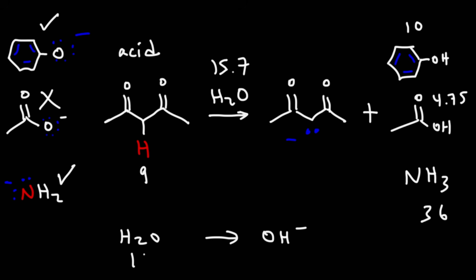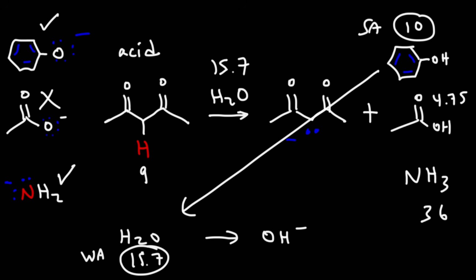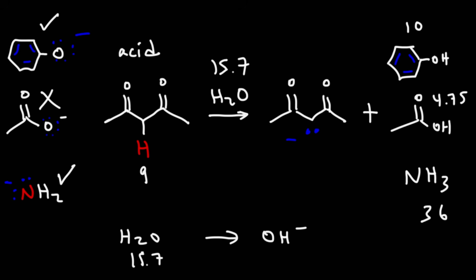So this time we're comparing 15.7 with these values. If we were to mix this with water, will they react? Comparing the pKa of water and phenol, this is bigger, so this is the weaker acid, this is the stronger acid. The position of equilibrium will favor the weaker acid, so this is reactant favored, which means that it's not going to react with water.